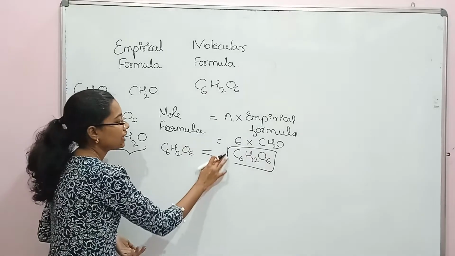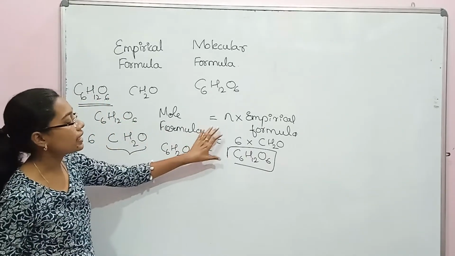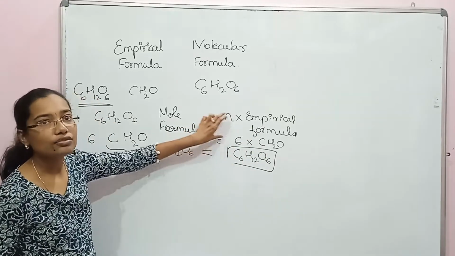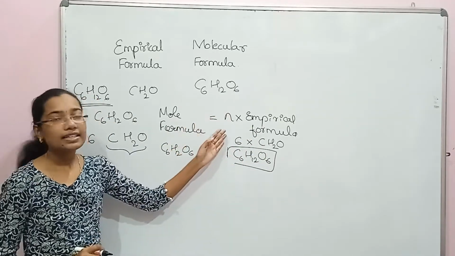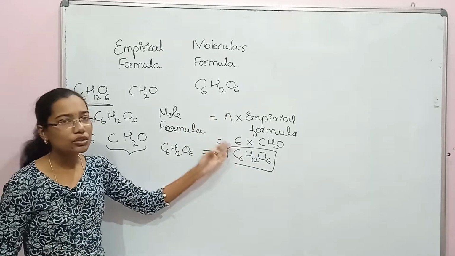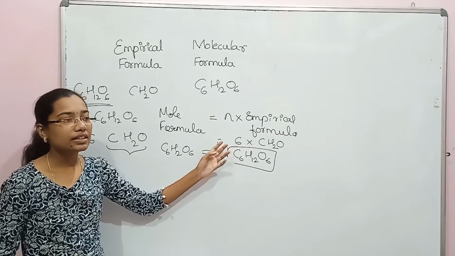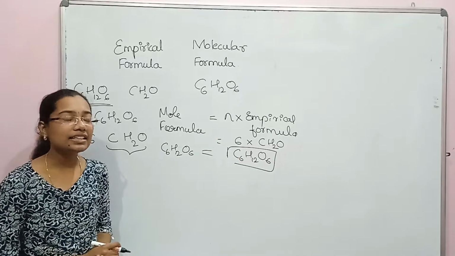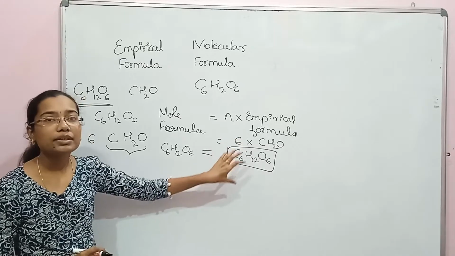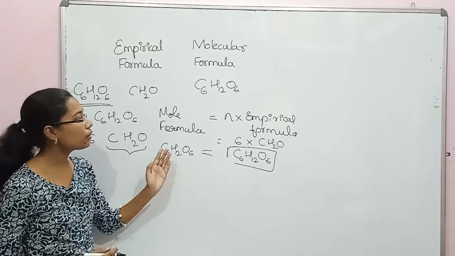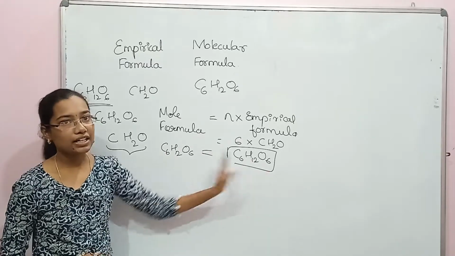So molecular formula is N into empirical formula. N need not be 6 always; it may be 2, 3, 4, like this, but it must be a whole number. This is the relationship between molecular formula and empirical formula.